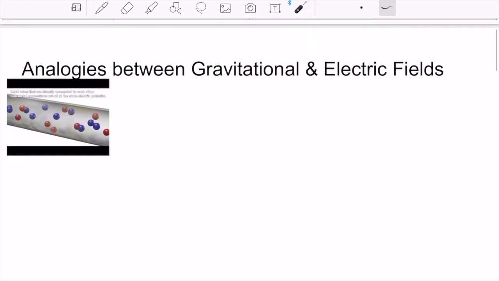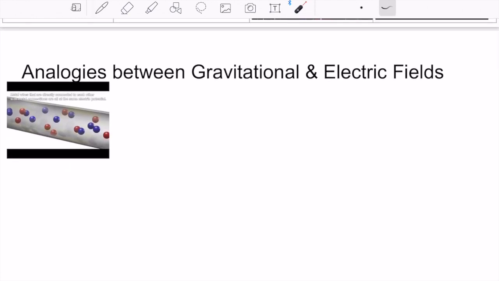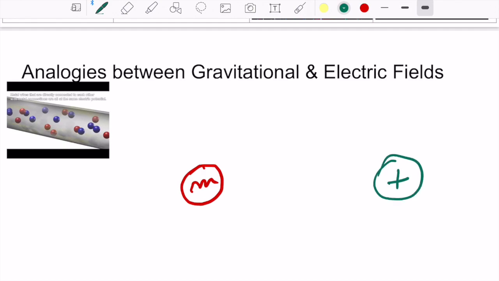Okay. So what are the differences, or the similarities, what are the analogies between gravitational and electric fields? We said that a gravitational field happens around a mass, an electric field happens around a charge, right?